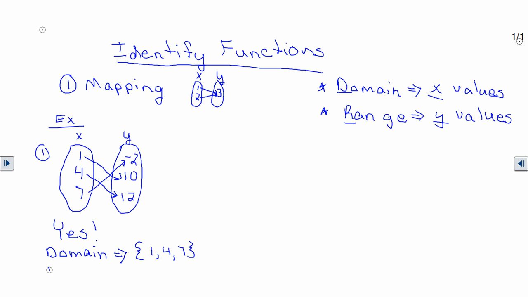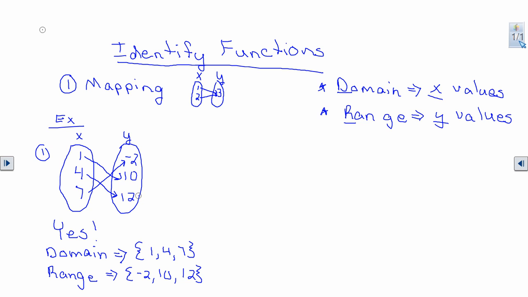And then if I had to do the range, that would just be the y values in order from smallest to greatest. So -2, 10, and 12. Okay, so yes, it is a function. There's my domain, there's my range.